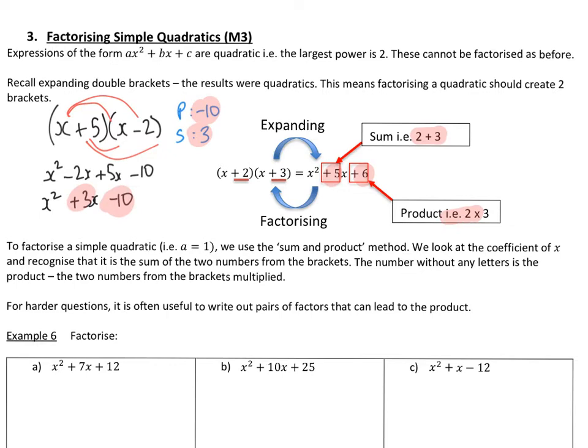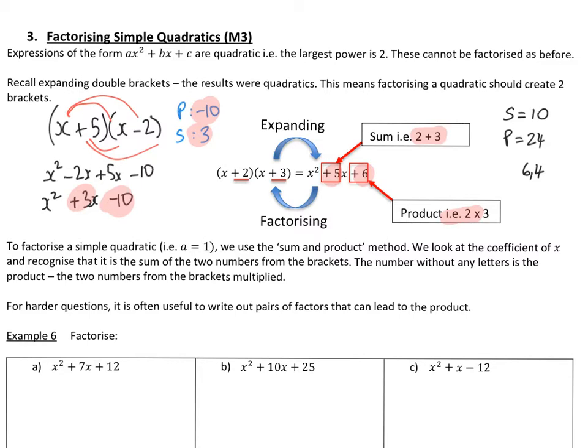So if we can work out what the sum and the product are, and figure out two numbers that add to those, so if we had a sum of 10 and a product of 24, what we need to do is try and think of all the different combinations of numbers that multiply together to give 24 and add to give 10. So hopefully we can all think that those are 6 and 4. 6 plus 4 is 10, 6 times 4 is 24.